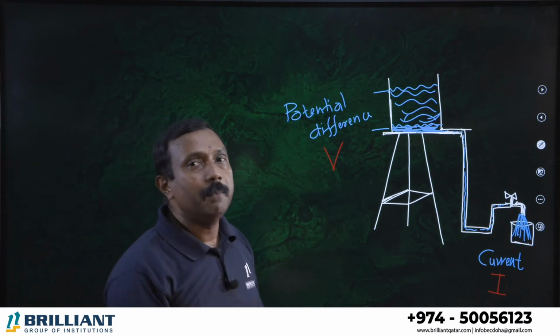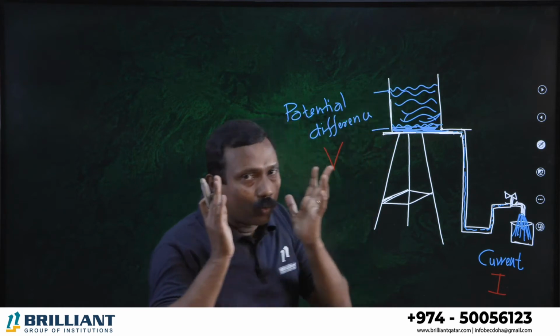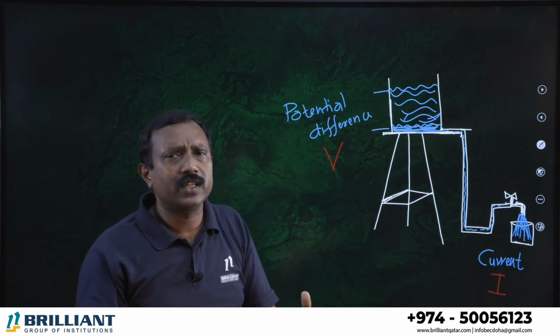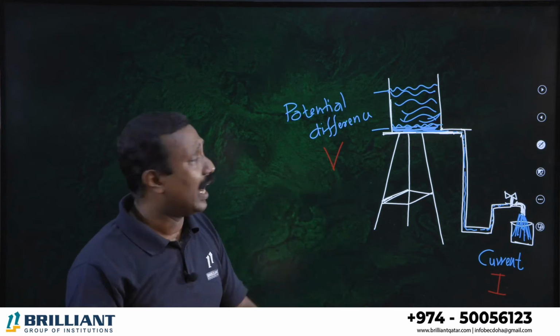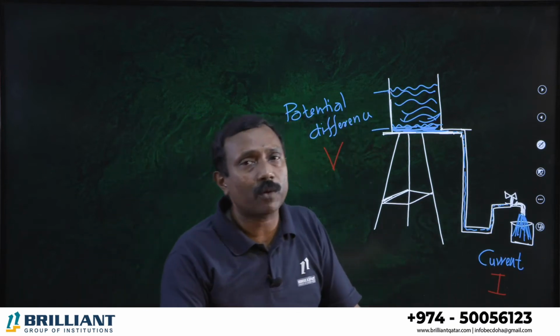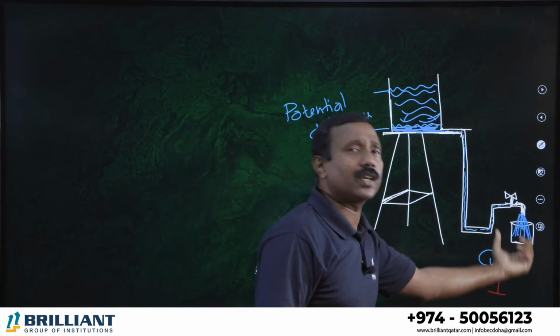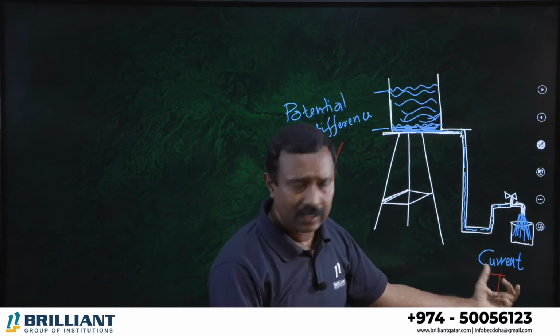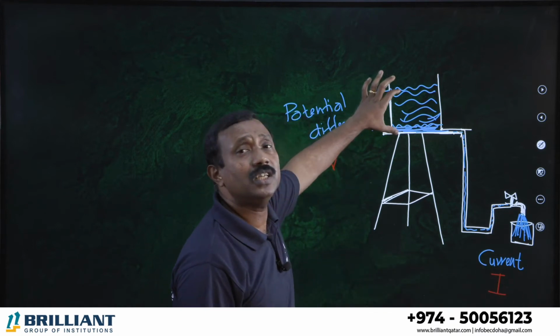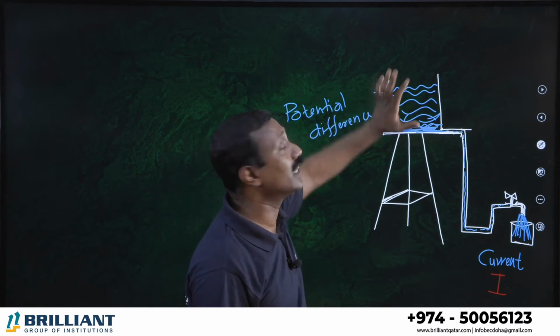I already mentioned at the beginning that if there is no water inside our water tank, when I opened the tap, I did not get even a single drop of water. So it is very clear, if you want to get the current or the water, there should be a water level difference, or water should be there inside the tank.